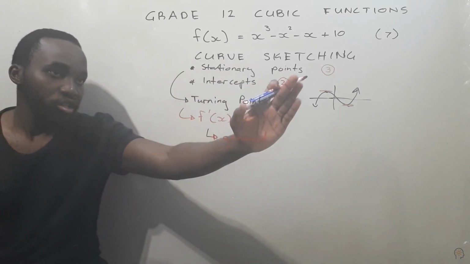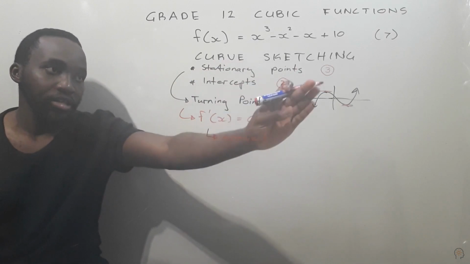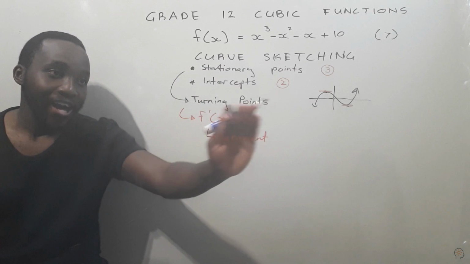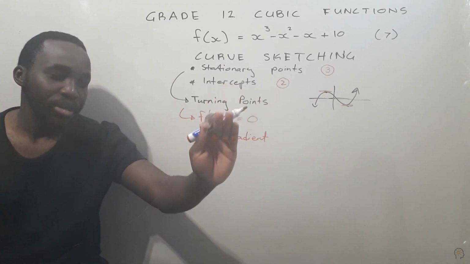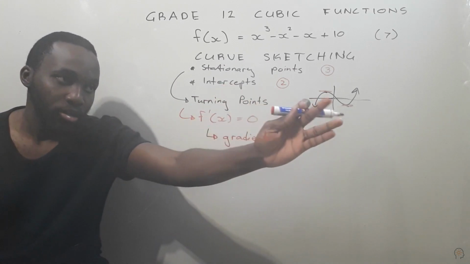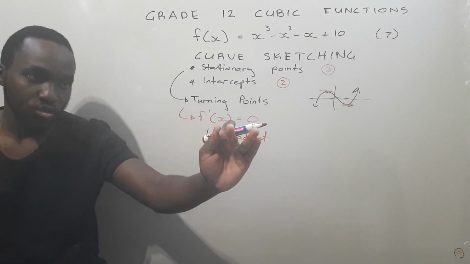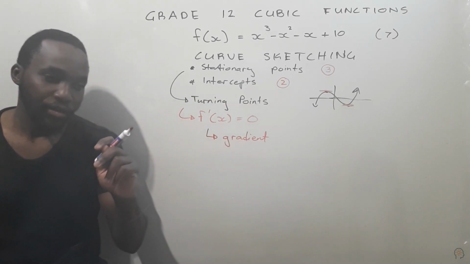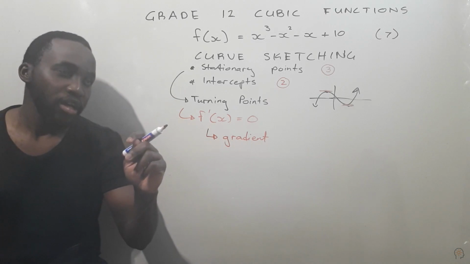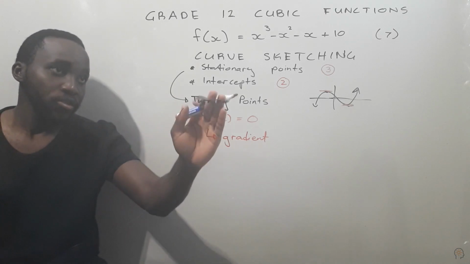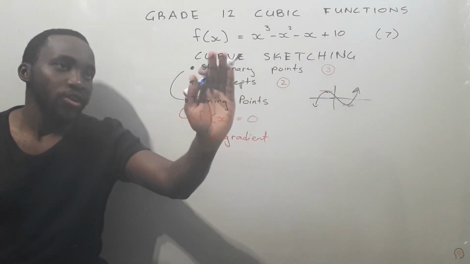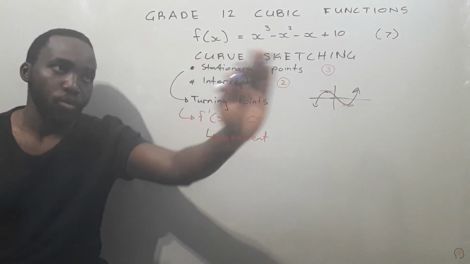When we need to sketch a curve, we need to get stationary points. That means we need to get our turning points first, and remember that at our turning points, the gradient is equal to 0. In our equation, we're given the equation of a normal cubic graph.